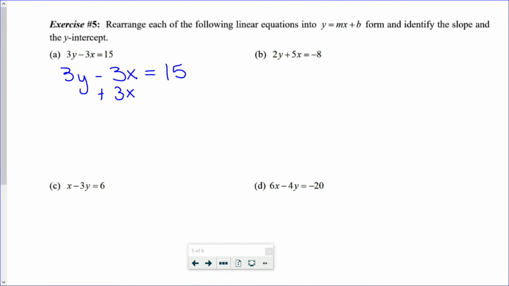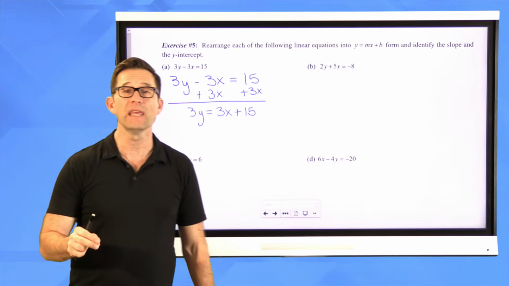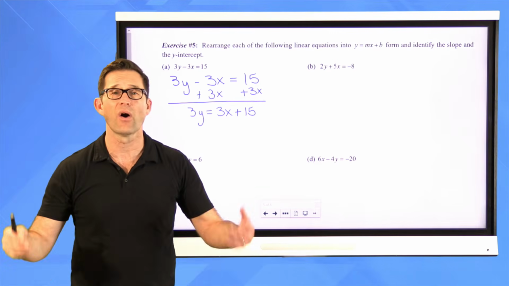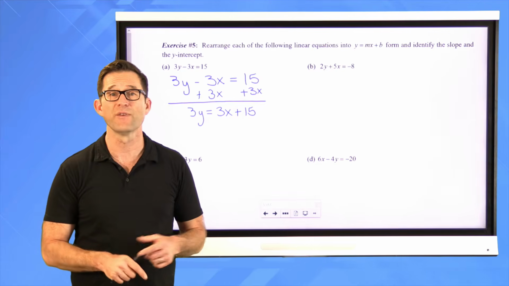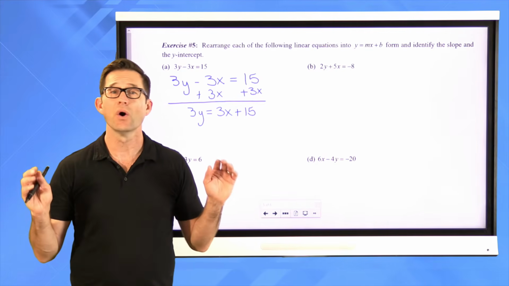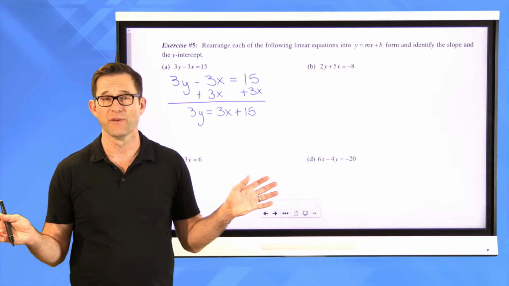Now I'm going to take advantage of the commutative property of addition right away, and I'm going to write that right-hand side as 3x plus 15. I really probably should write it as 15 plus 3x, but 15 plus 3x and 3x plus 15 are the same thing, so I'm just going to write it as 3x plus 15.